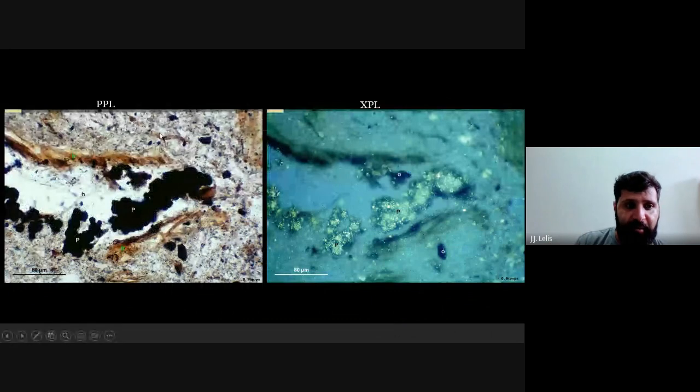Like in this example, we have a void here that's partially filled by pyrite, framboidal pyrite, which are these circular crystals of this dark material that is shiny in XPL. So this material is pyrite, and pyrite is composed of iron and sulfur.